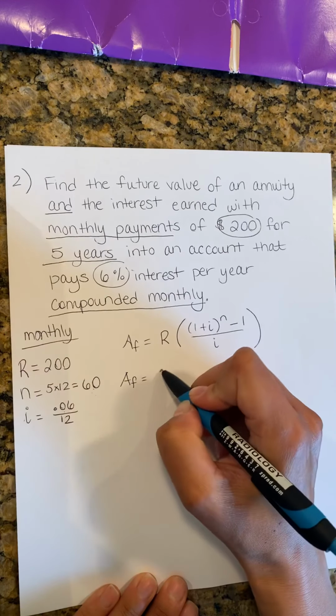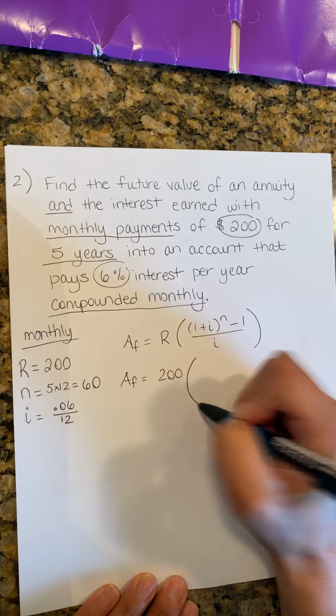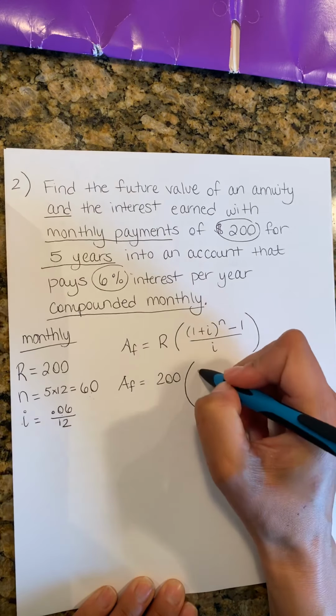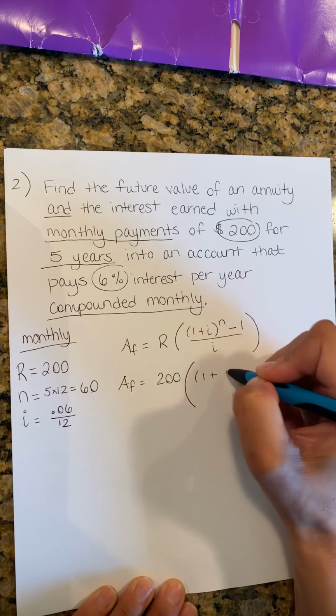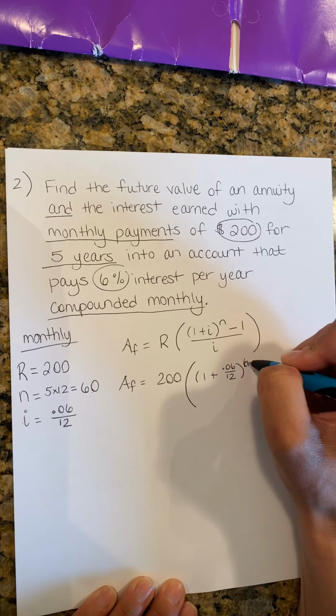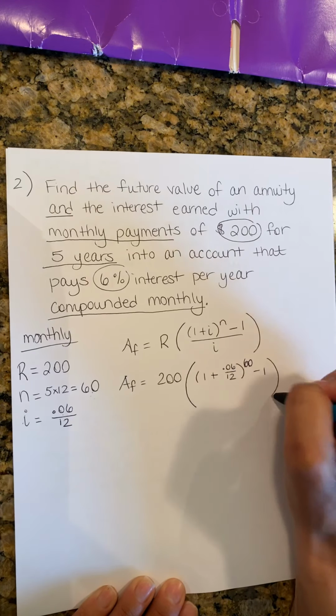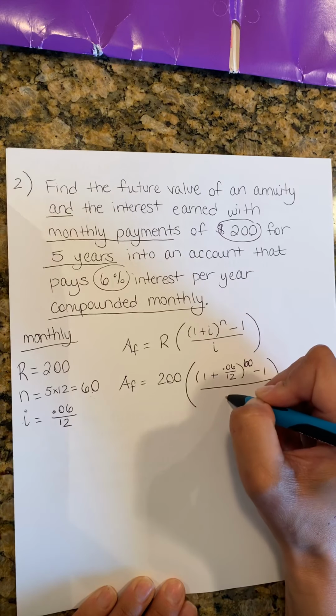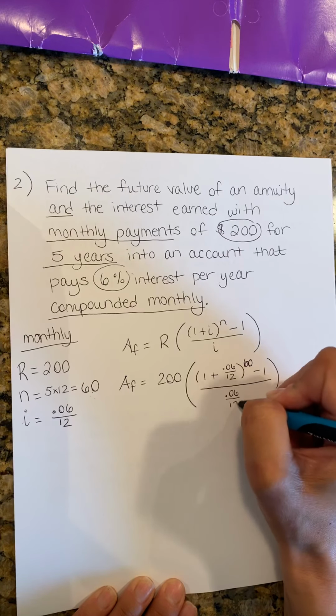So the future value is going to be 200 parentheses, again, 1 plus your interest rate, 0.06 over 12 now, raised to the n, raised to the 60, minus 1, over your interest rate again on the bottom, which should just be 0.06 over 12.